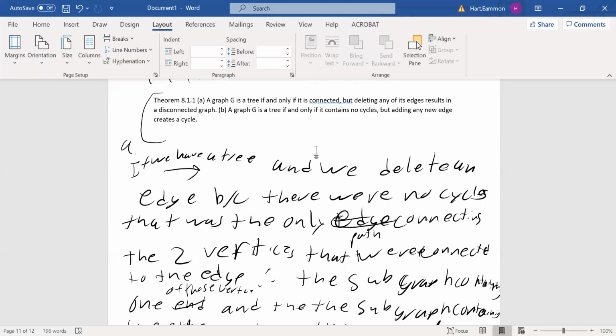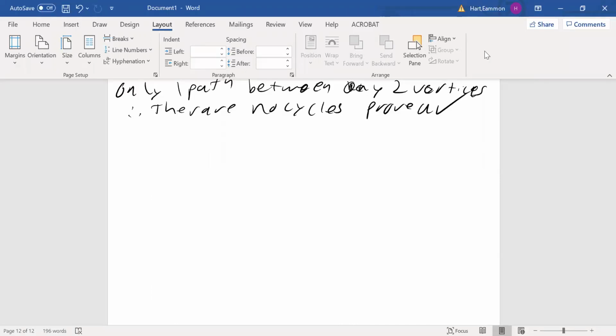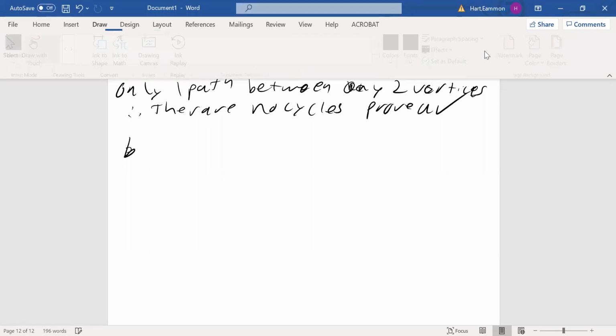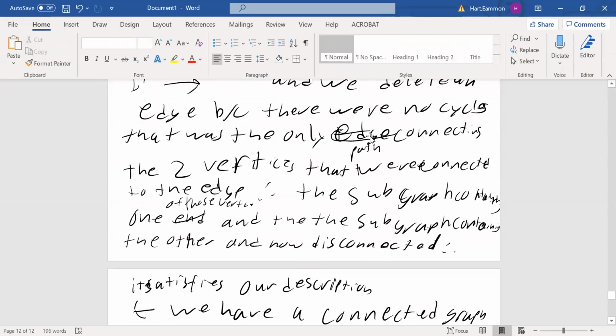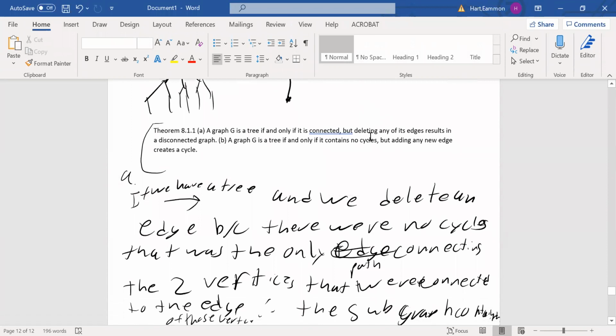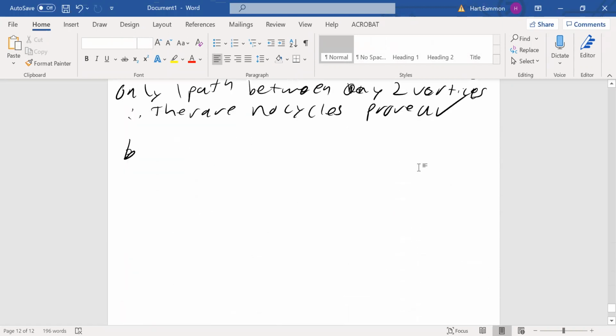But here we're going to go the opposite direction. Okay, so now let's try to prove B. So I'm going to prove the direction that it's a graph, then it contains no cycles, but adding any edge creates a cycle.